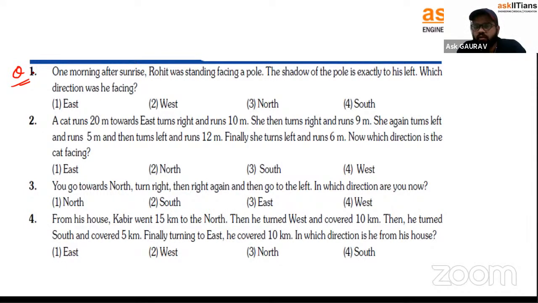Very good question. Think for question number 1, and think that in place of Rohit, you are there. One morning after sunrise, you are standing facing a pole. The shadow of that pole is exactly to his left. Which direction was he facing?